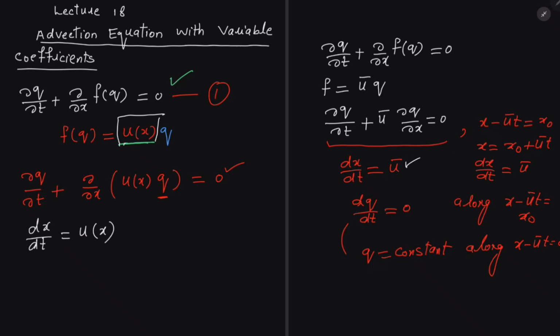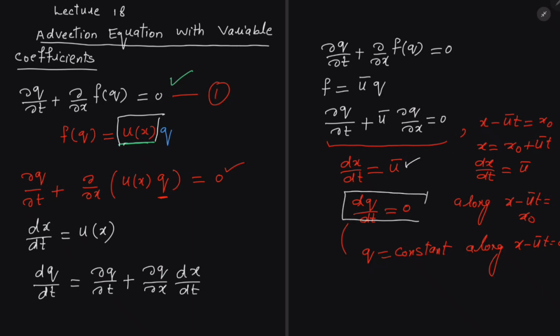If this is u of x, then we also have dq by dt equal to partial q by partial t plus partial q by partial x times dx by dt.